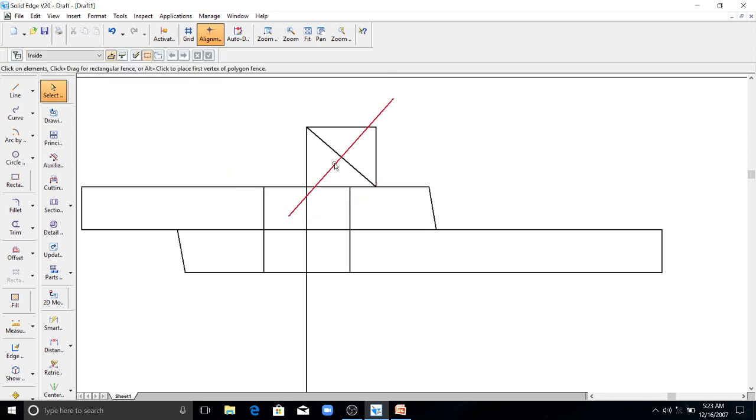You have to extend this bisector till it touches the center line of the rivet. This is the center line of this rivet. So extend till here only. So you got a new center here.